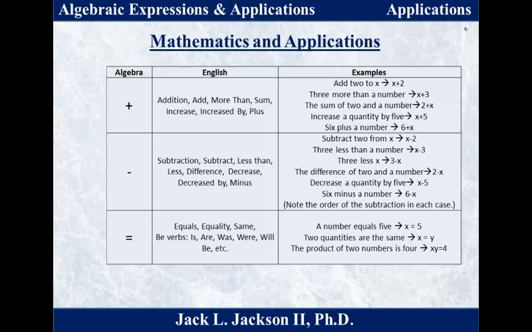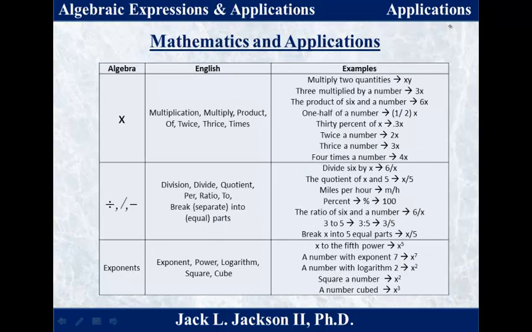Two quantities are the same, x equals y. The product of two numbers is 4. The product of two numbers would be x times y, is the equals, and then 4 on the other side. So when you're translating from words to algebraic symbols, when you get to something like a be verb, is, are, was, were, that's going to be your equal sign usually.